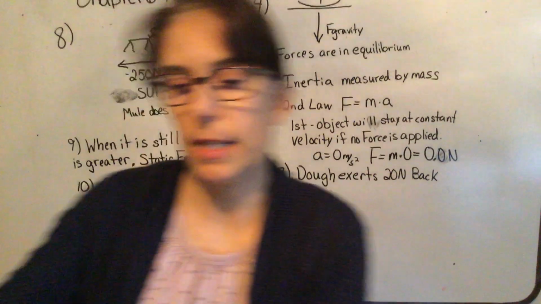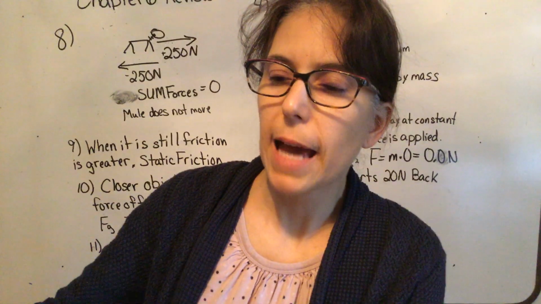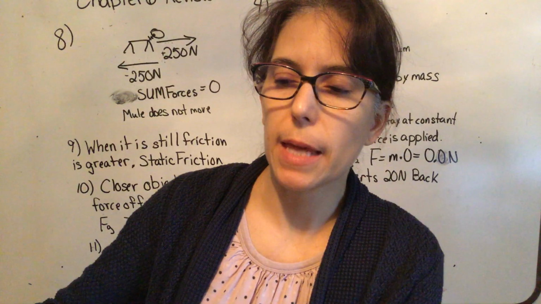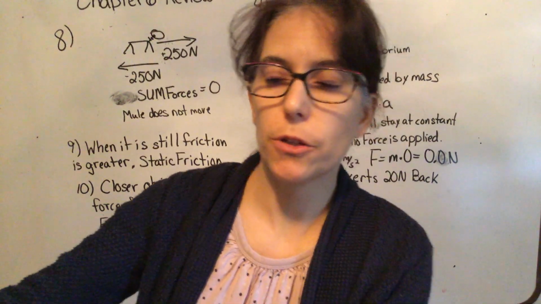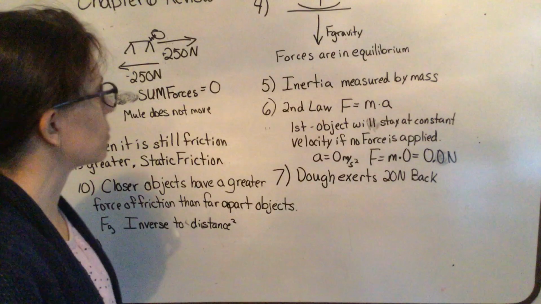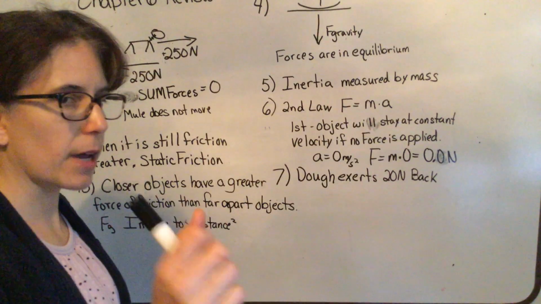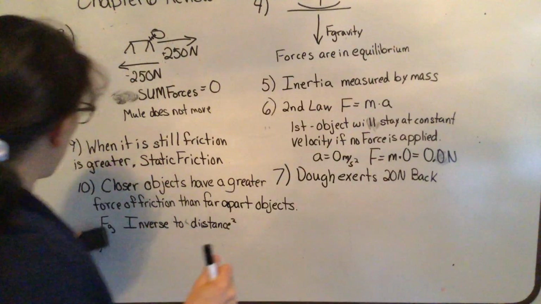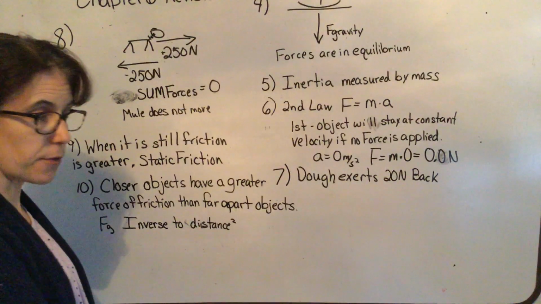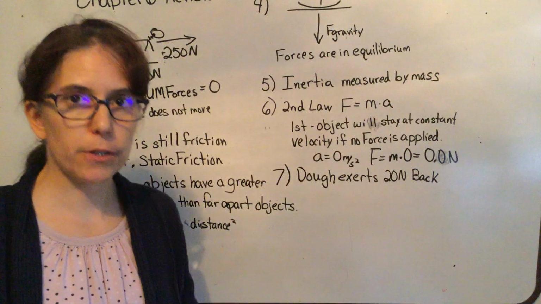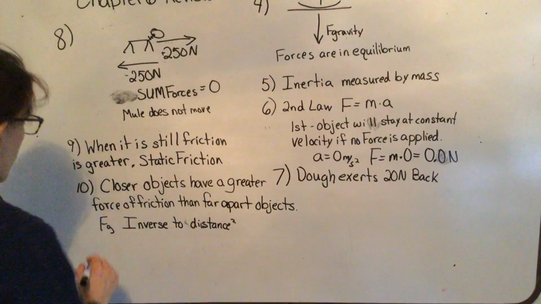Number 11. Why did Galileo roll balls down a ramp rather than simply dropping them as he investigated inertia? That's a good question. What happens if you try to measure the time? If I drop something on the ground and try to measure how fast it's falling, it's going to be very hard, especially if you don't have a clock, and Galileo didn't have a clock.